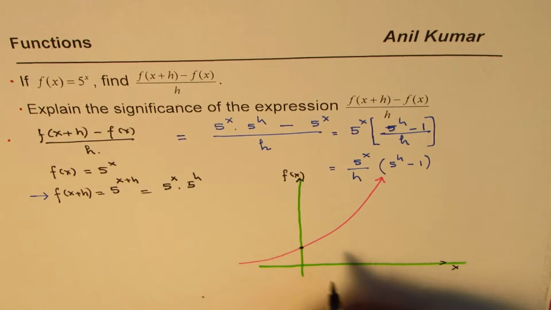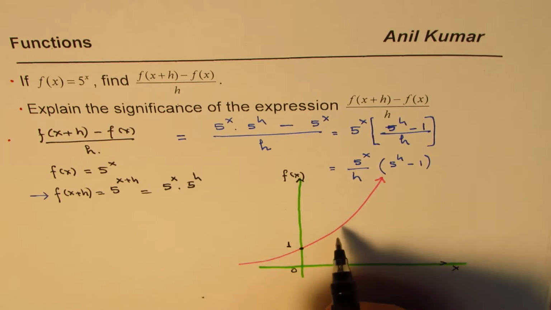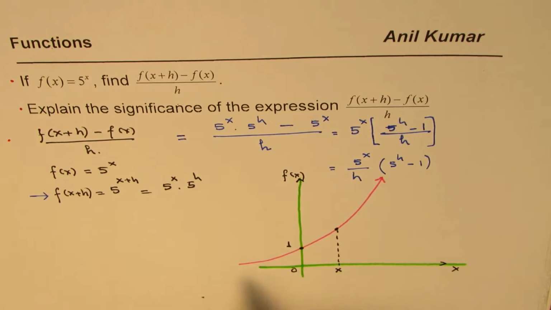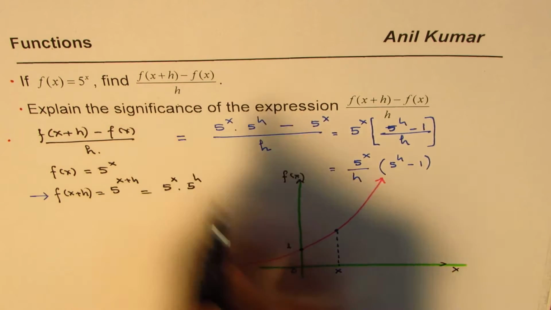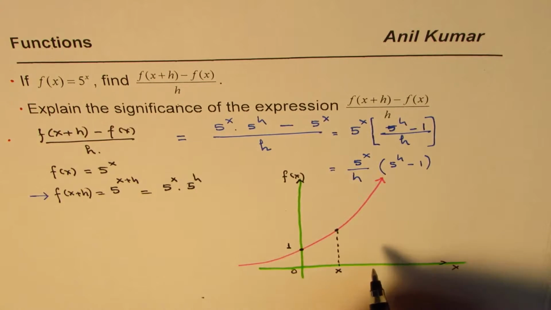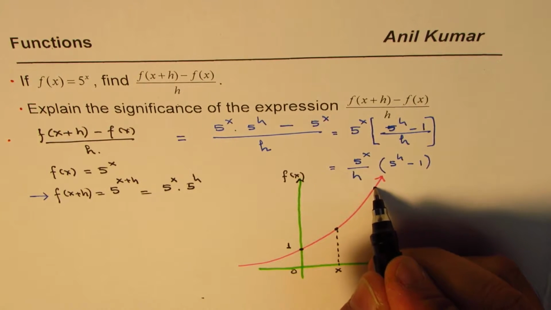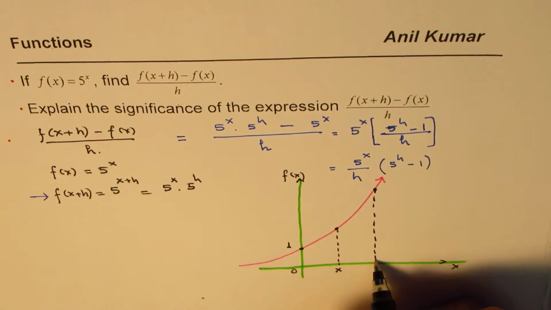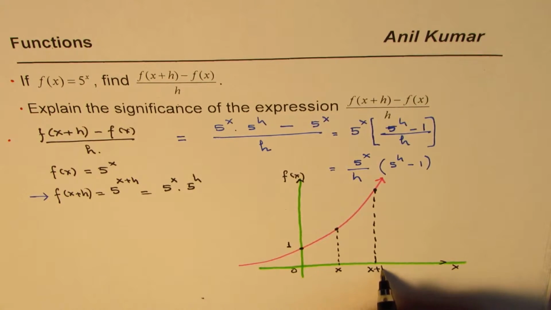Now, anything to the power of 0 is always 1, so it goes through 1. And let us take any point on this graph to represent x. Let's say this point is x. And x plus h means from x, h away. So let's take another point at a distance x plus h, right?